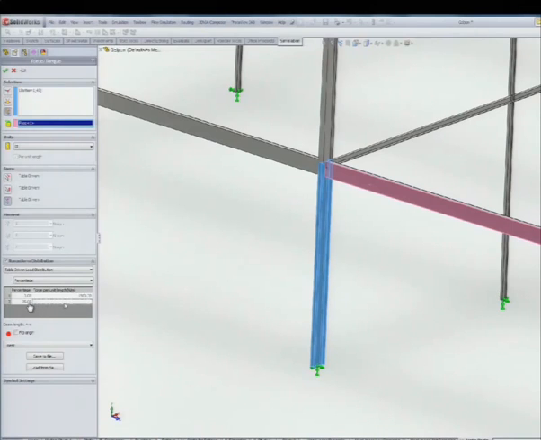So the first column is the percentage of the length of the beam. 0, 25, 50%, 75%, and 100% are the values that I used. And the second column is the value of the actual load in newtons per meter. Is it clear?